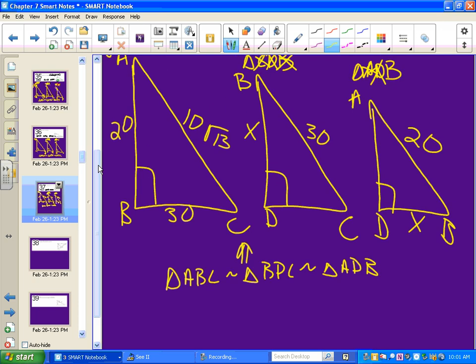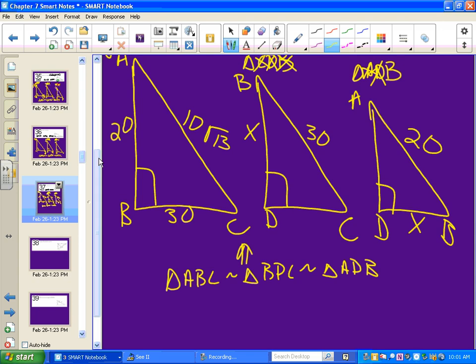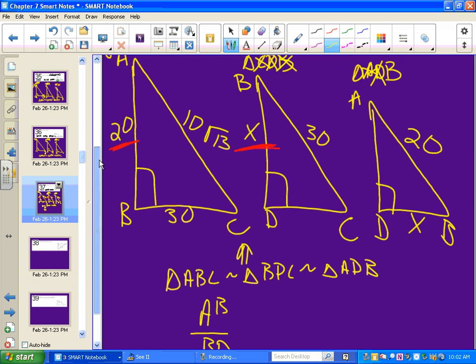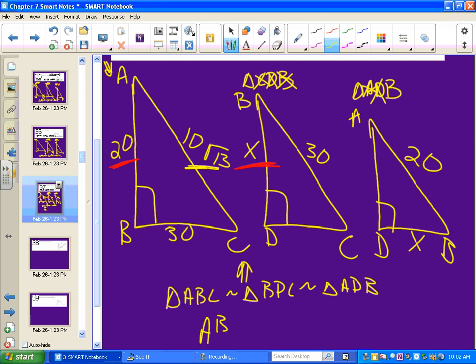Now we have to write some sort of proportion with x in it, so that we can solve for it. So, similar triangles, all of the side lengths are proportional. So, AB is to BD as AC is to BC.